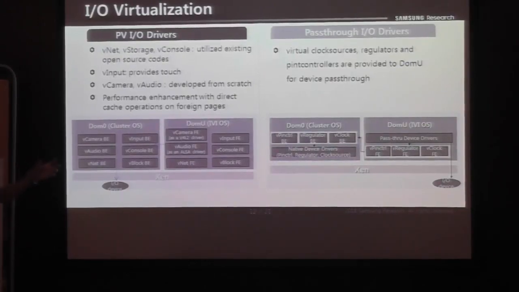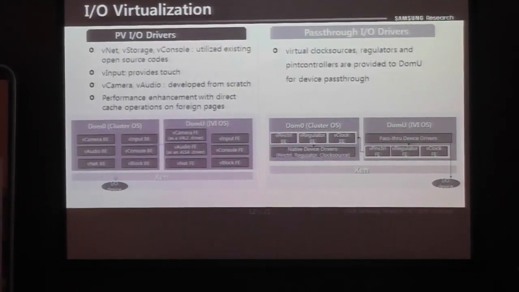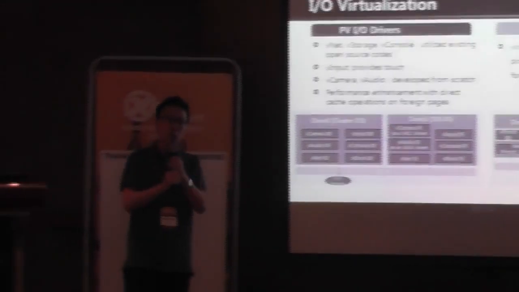However, some devices are dependent on other devices, like clock source, regulator, or pin controller. That means if the pass-through devices are spread among multiple domains, then we need to provide a way for multiple domains to access these dependent devices.